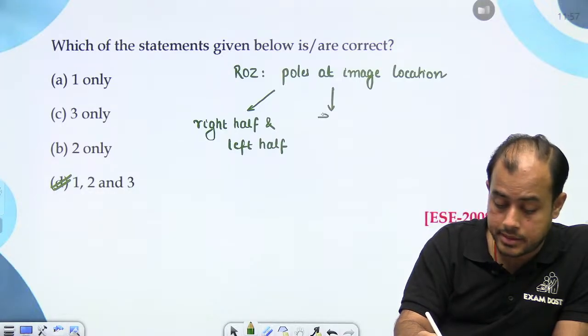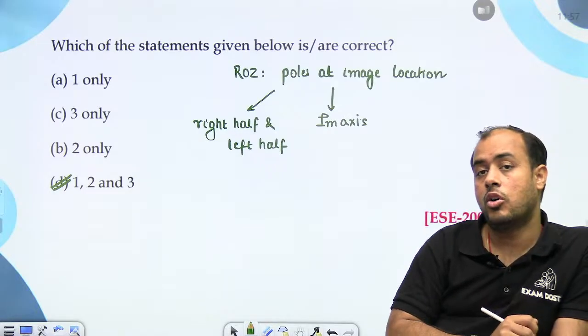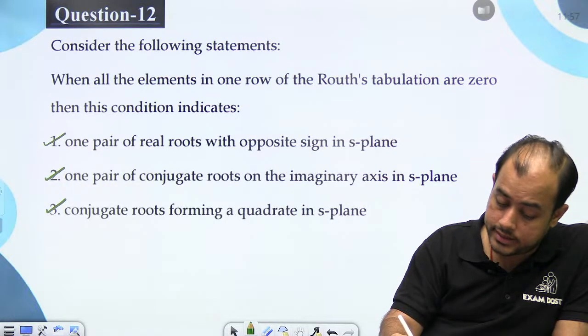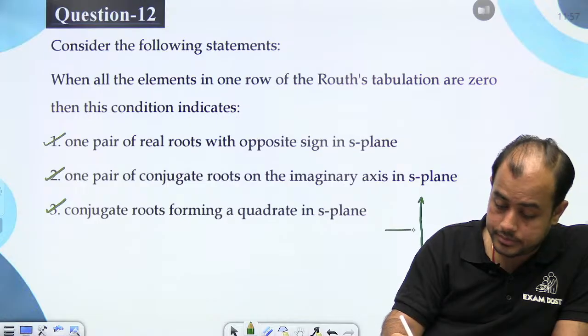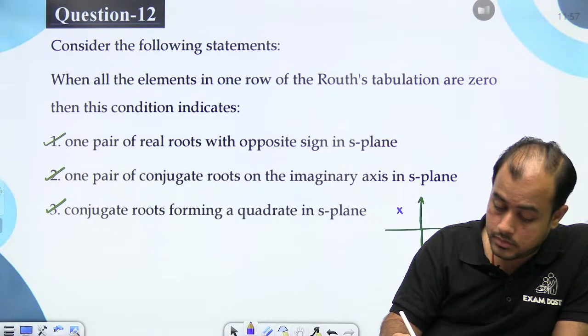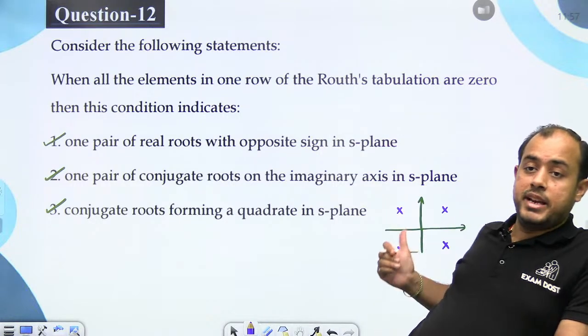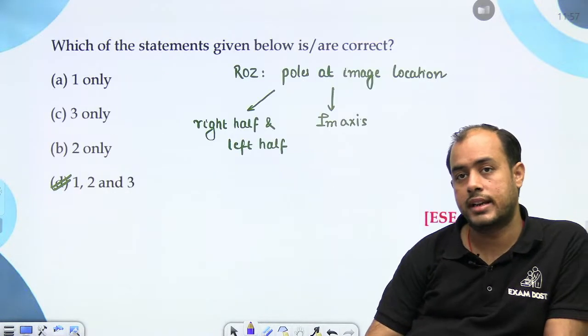One case imaginary axis. So that is why all three are correct. What is this quadrant? Like this. So again, image location. So this is also correct.